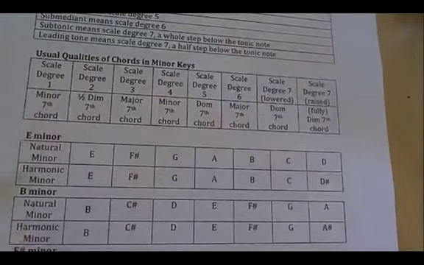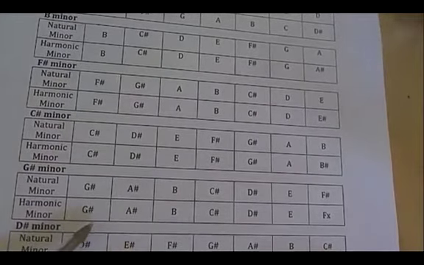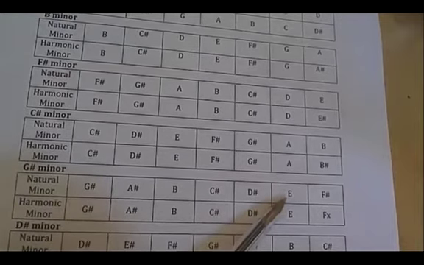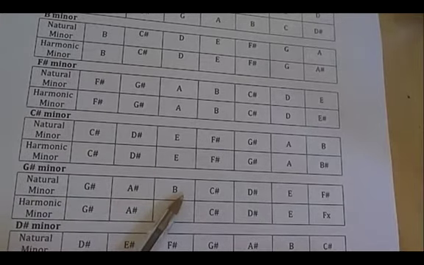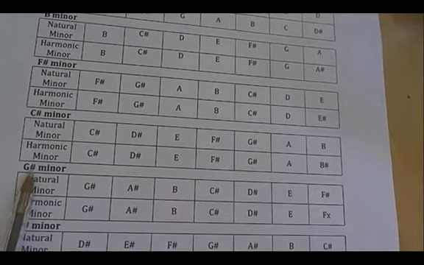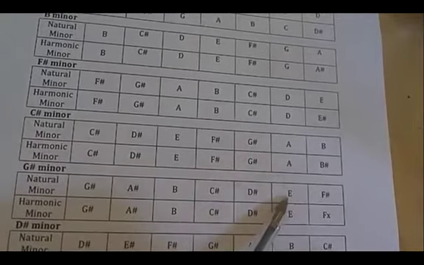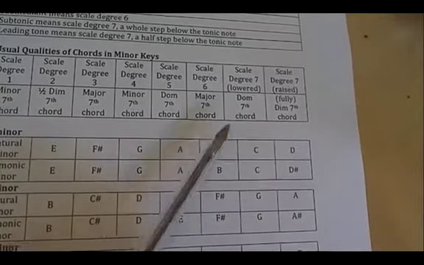And then I'm in the key of G sharp minor, so I'm going to come all the way down here. Now, hopefully, you eventually memorize that you're in the key of G sharp minor, and the 6th chord is going to be an E, right? You have to have this memorized. Relative major B, everything sharp except for B and E, and you go G, and you go 6 down 2 steps, F sharp, E. So we're going to write an E chord, and it's going to be a major 7 chord.